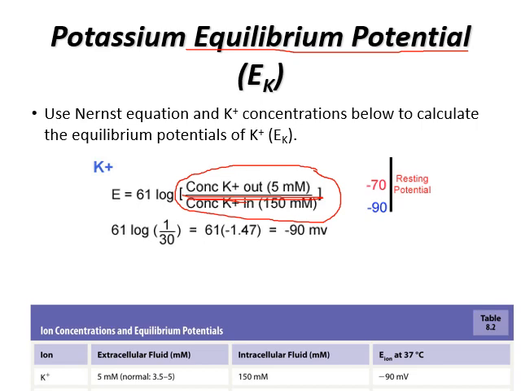When we use the Nernst equation for potassium, we find that if the membrane is only permeable to potassium, potassium would leave the cell until the membrane potential got to -90. At -90, the electrical force is trying to keep potassium in while the chemical force is trying to push potassium out. So the equilibrium potential for potassium comes out to -90 using the values we see around our cells in the body.